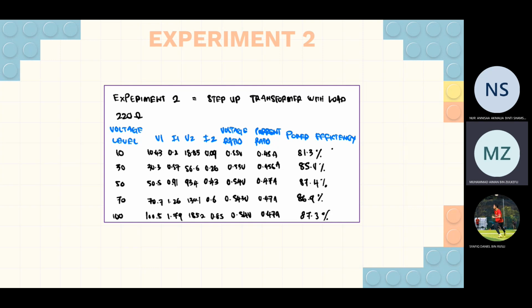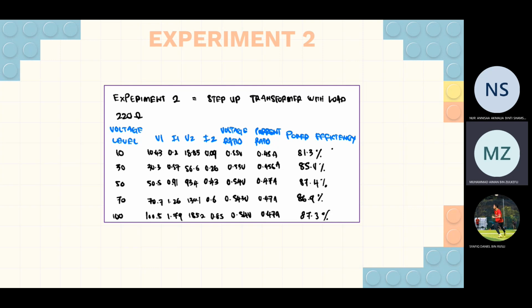For the first voltage level, 10 volt, V1 is 10.43, I1 is 0.2, V2 is 18.85, and I2 is 0.09. The voltage ratio is 0.55 and the current ratio is 0.45. The power efficiency we get is 81.3.